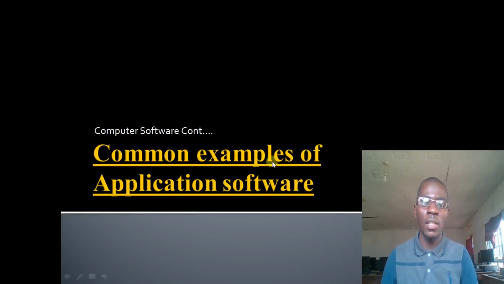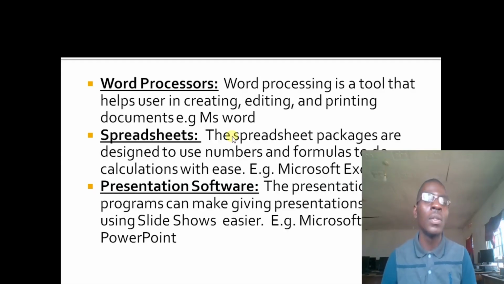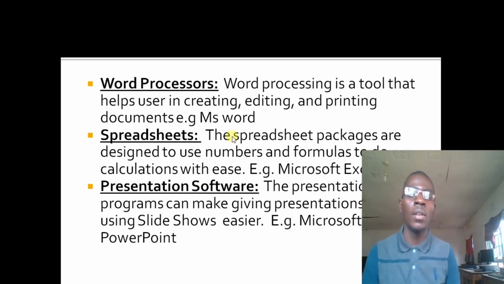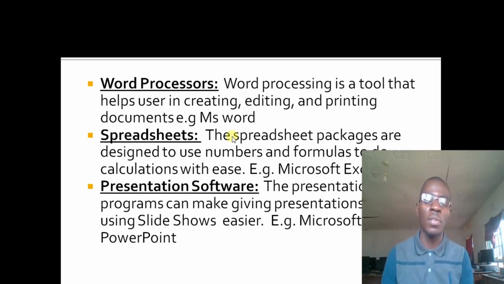In the last episode, we looked at application software. Now we want to look at some common examples of application software, and we can start off with these common ones. One is a word processor, or word processors.